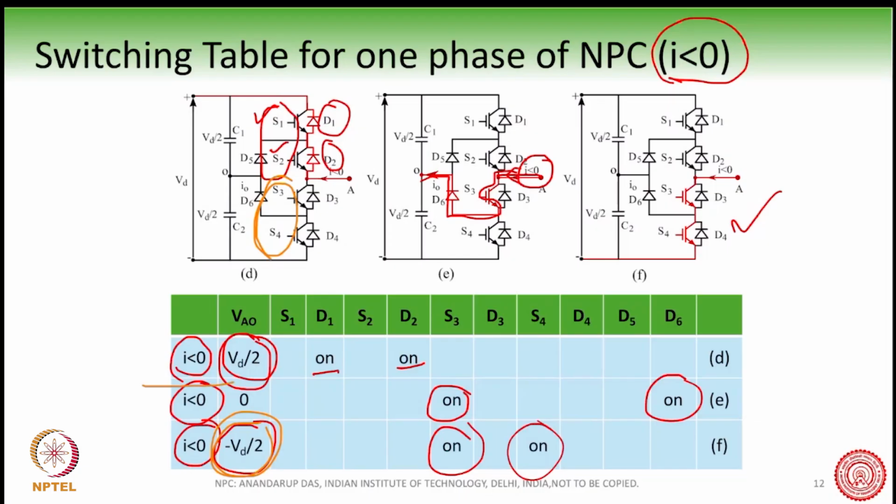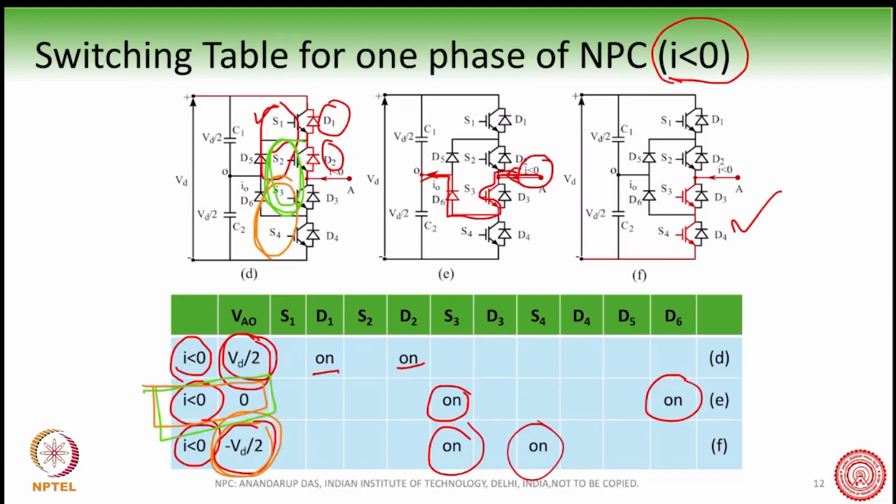But for the zero state, what I will do is give pulses to S2 and S3. If the current is greater than 0, then D5 and S2 will conduct. And if the current is less than 0, then S3 and D6 will conduct.